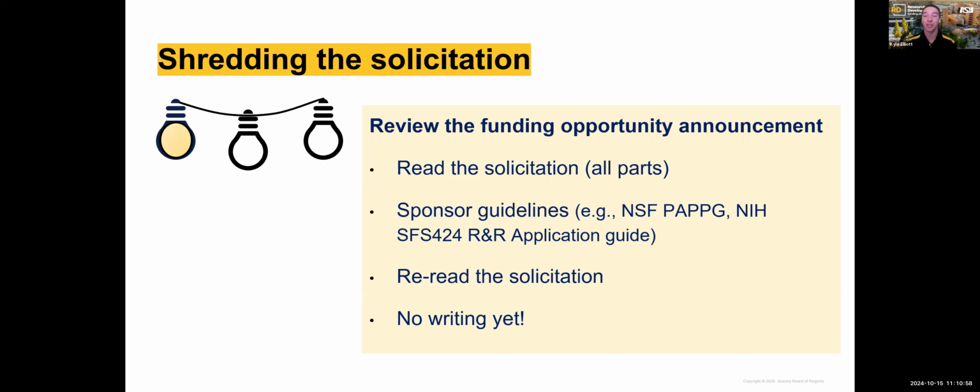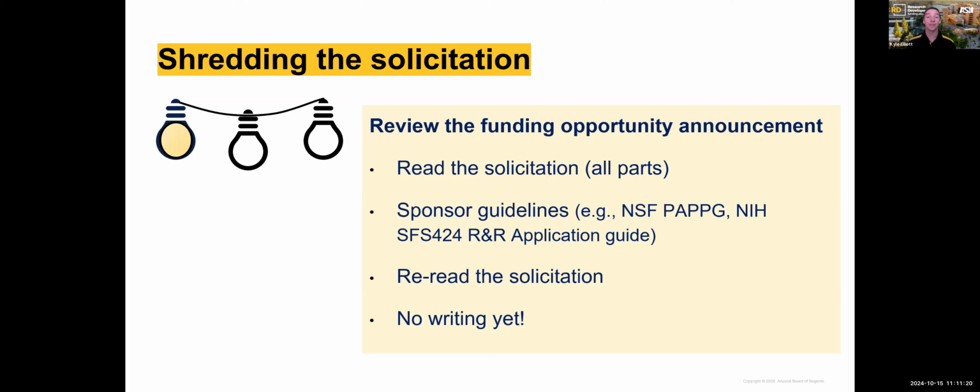So theirs is the PAPG, the Proposal and Award Preparation Guidelines, or the NIH has an SF 424 R&R application guide. So it is important to know that while you do have one solicitation, it might refer you to a second document to pull out the required guidelines.